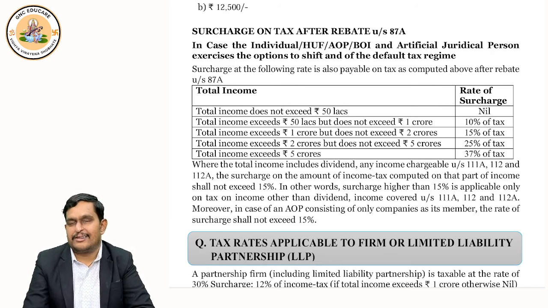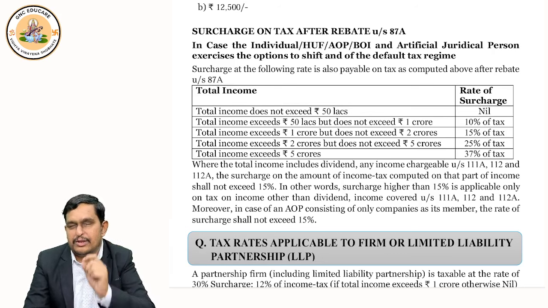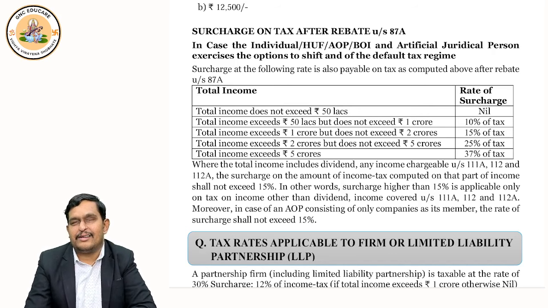So, what did we discuss? We discussed that surcharge rates are: up to 50 lakhs, no surcharge; 50 lakhs 1 rupee to 1 crore, 10% surcharge; 1 crore 1 rupee to 2 crore, 15% surcharge; 2 crore 1 rupee to 5 crore, 25% surcharge; 5 crore 1 rupee and above, 37% surcharge.